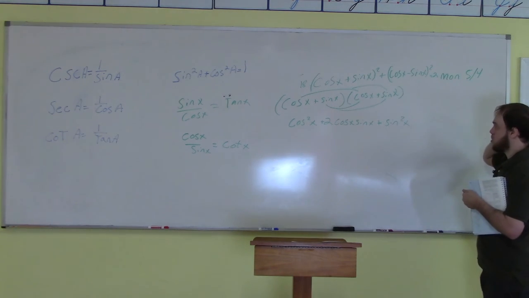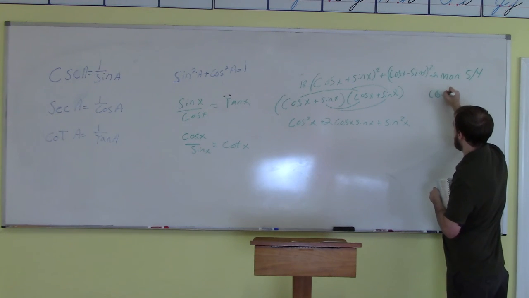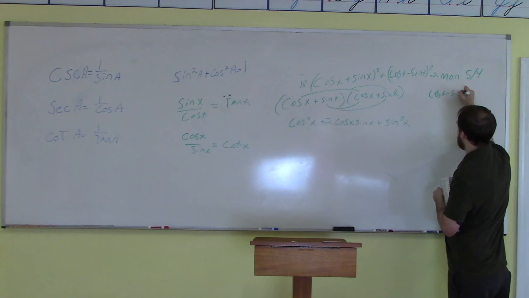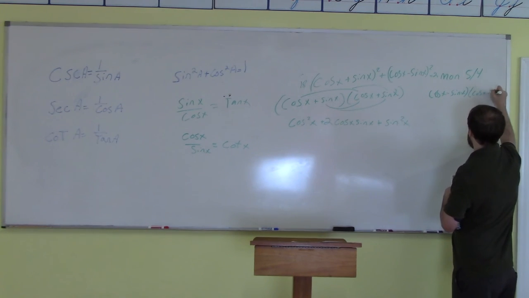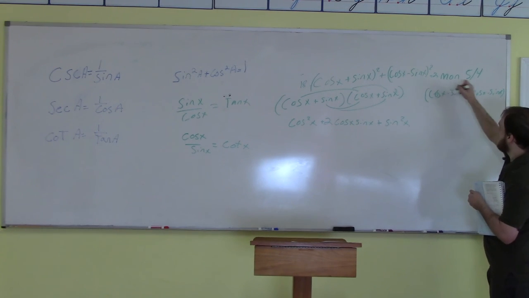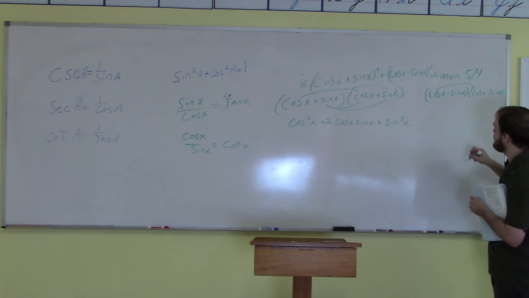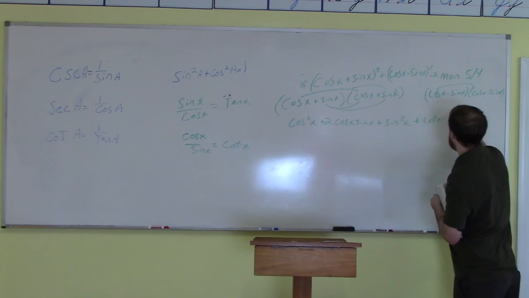The second one's going to work exactly the same way. I'm going to have to FOIL that. So it's going to be cosine of x minus sine of x times cosine of x minus sine of x. So again, FOILing it, I have cosine times cosine, which would be plus cosine squared of x.